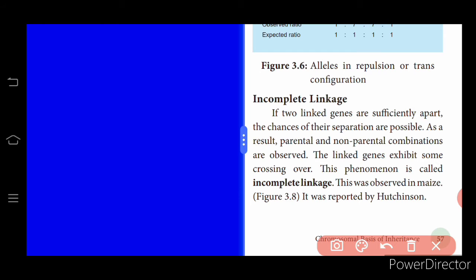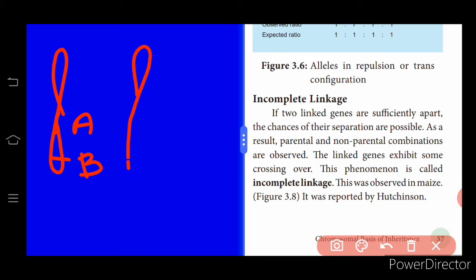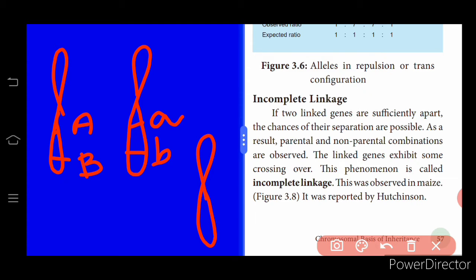Do you follow? Suppose a chromosome has gene A here and gene B here. Once crossing over occurs with another chromosome having small a gene and small b gene, the new chromosome may have capital A and a small b after the crossing over process.